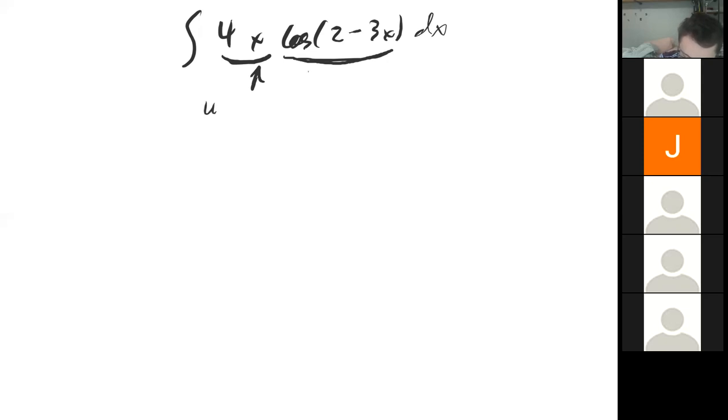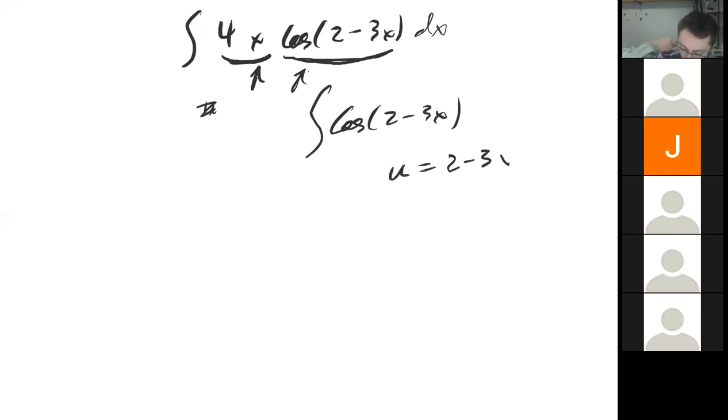use u dv. So what's the integral of cosine(2 minus 3x)? We need that first. Well, this requires a u substitution. So let u equal 2 minus 3x. The derivative of u is equal to minus 3. And so that means that the integral of this thing, if you're putting a u in here, should look like sine of u divided by minus 3.